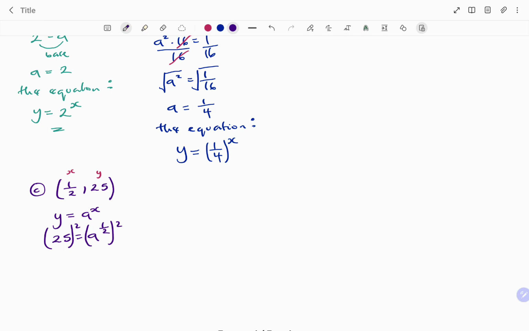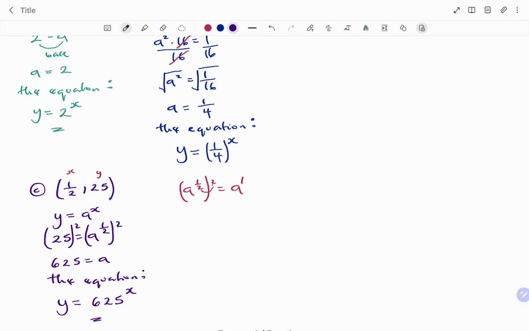Note that if I have a to the power of half, to the power of 2, this 2 multiplies the half and that will give us 1. So I have a to the power of 1. What that means is I have the square of 25, that's 625, equals a. So therefore, the equation will be y equals a, that's 625, to the power of x.